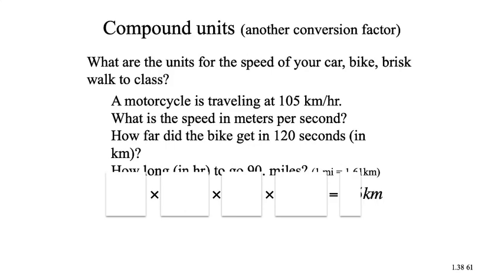So if a motorcycle is traveling at 105 kilometers per hour, what is the speed in meters per second? Why would I ever do that? To prove that you know how to do a conversion. That's the only reason we would do that. Okay? How would you go about doing that? Okay?